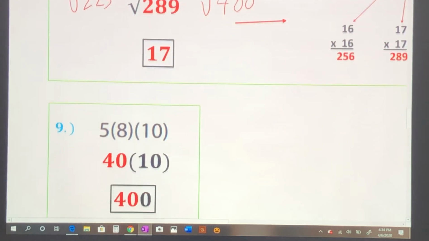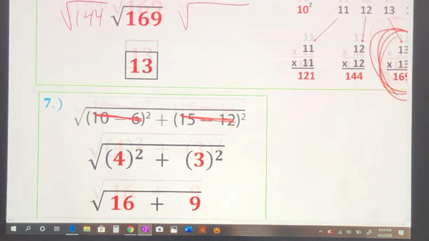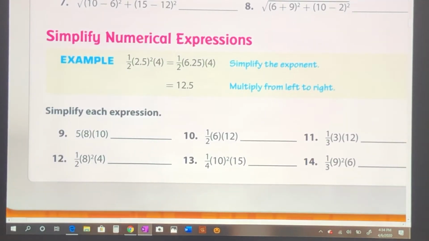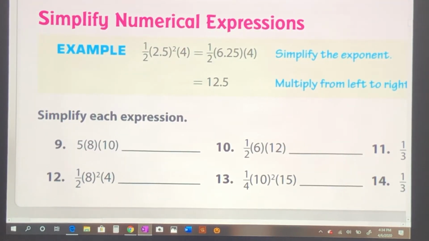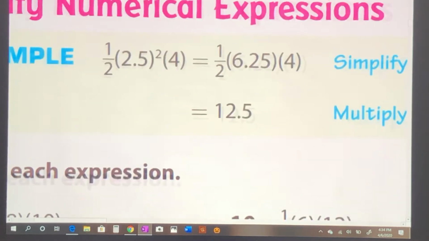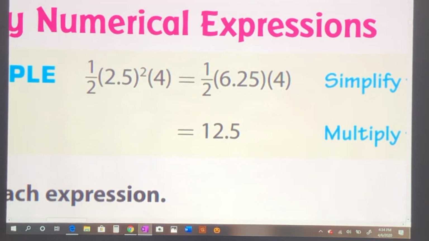Okay, let's go back up here and take a look at what they say about 9 through 14. Look at the example here. Holy mother of God. This is not that much fun, but let's make it fun. Okay, what's 25 squared?